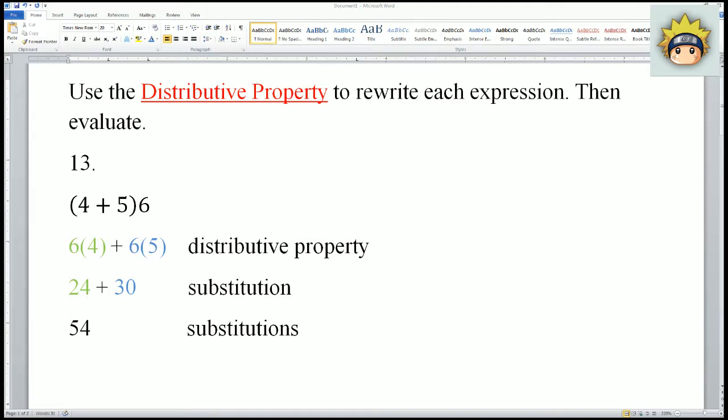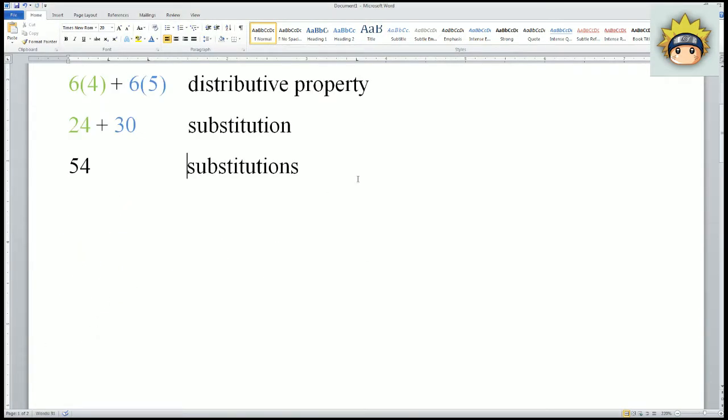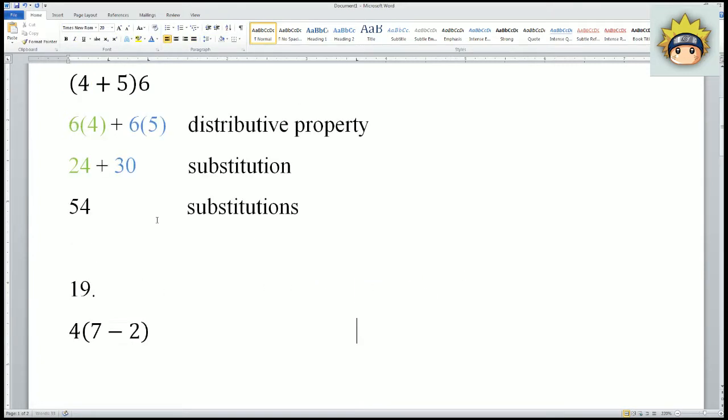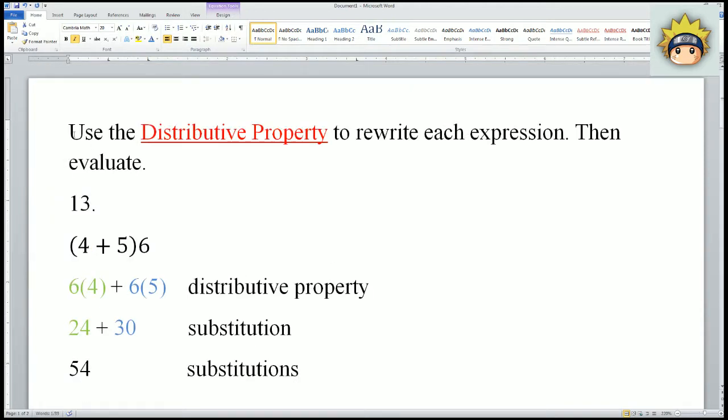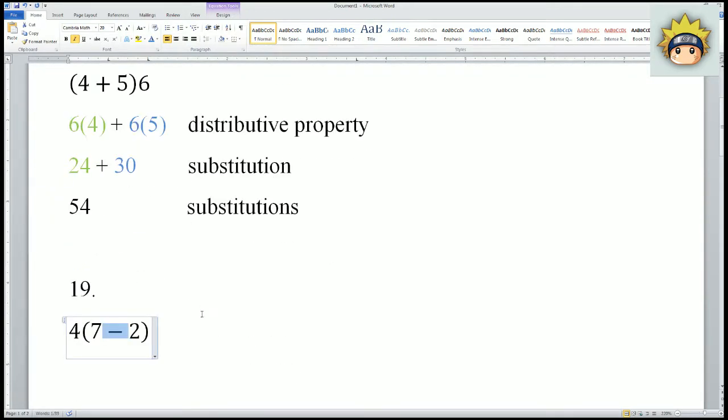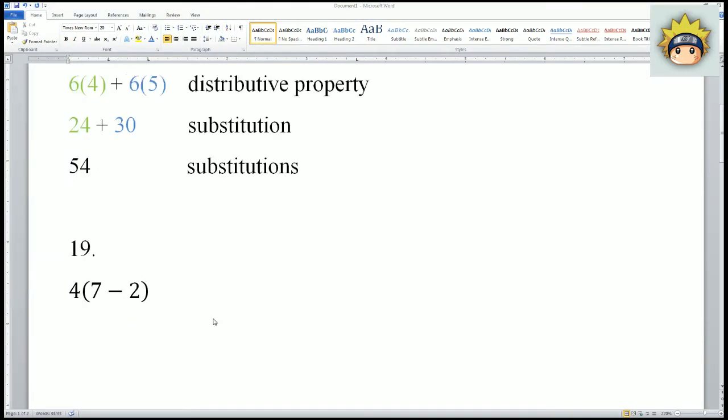Number 19 gives us this problem. 19 looks like number 13, but this time there is a negative. Again, we use the distributive property to rewrite each expression, then we evaluate. So we first have to do the distributive property. Nothing has changed. The 4 is going to be multiplied to the 7.